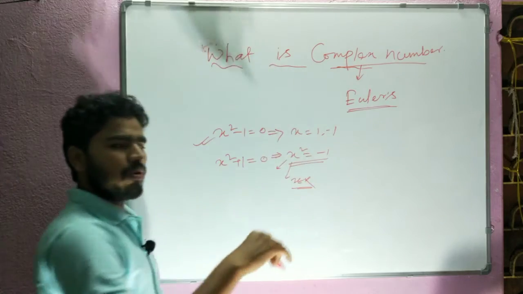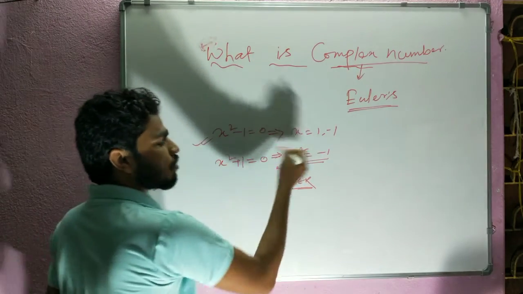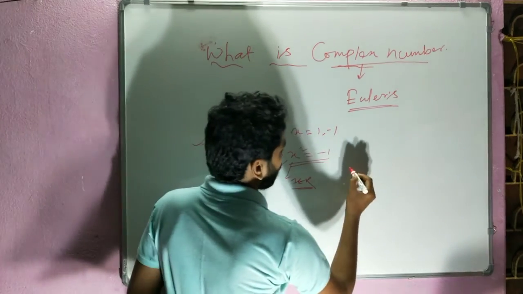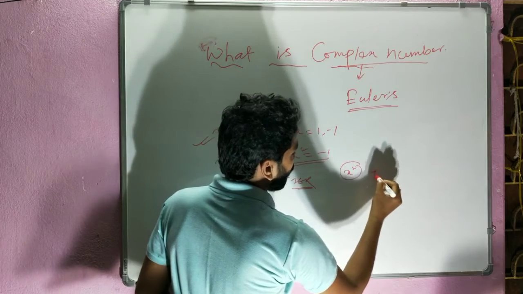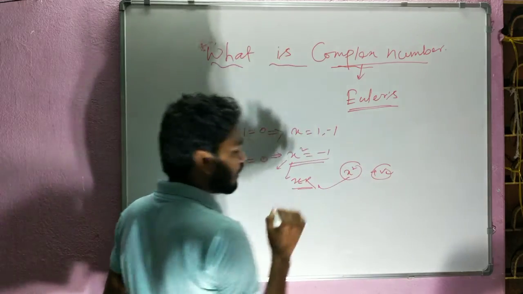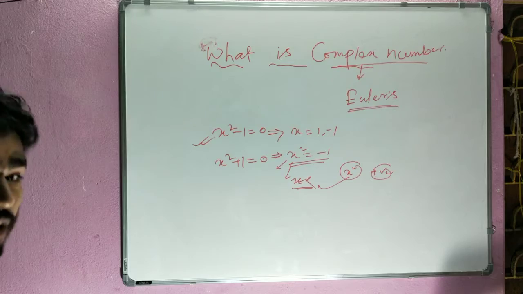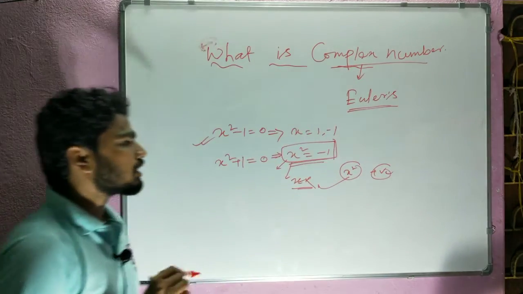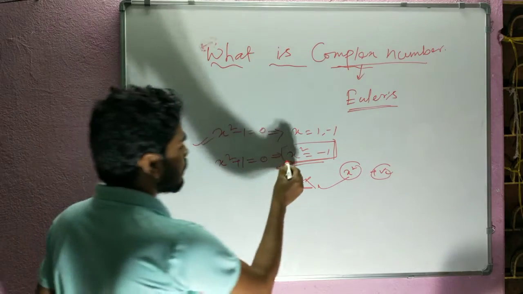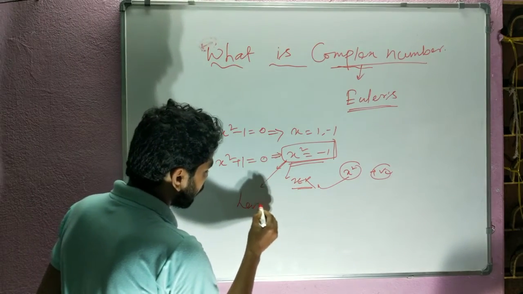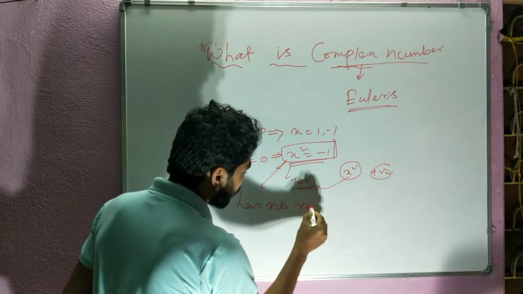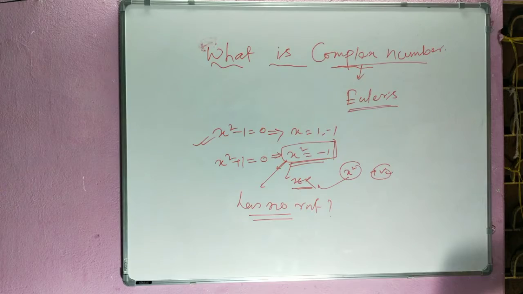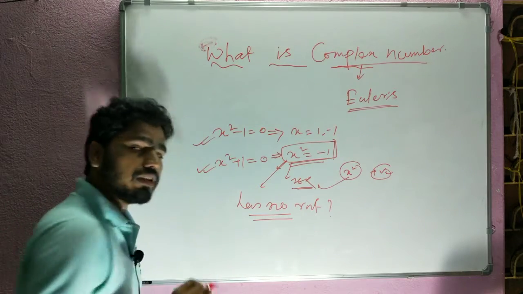Any positive or negative real number has a square that is always positive. But here x square equals minus 1, so this equation has no real root. Yes or no? Does this equation have a root?